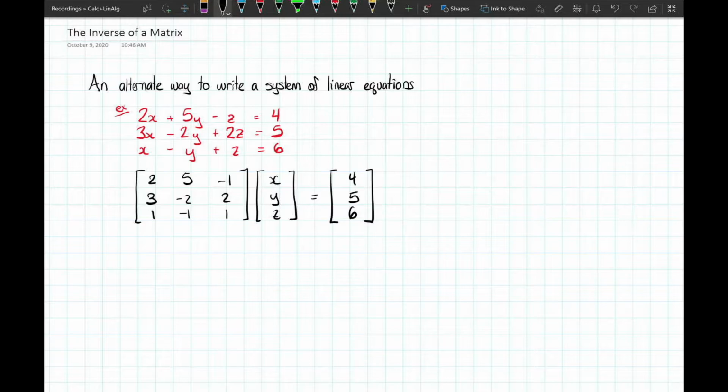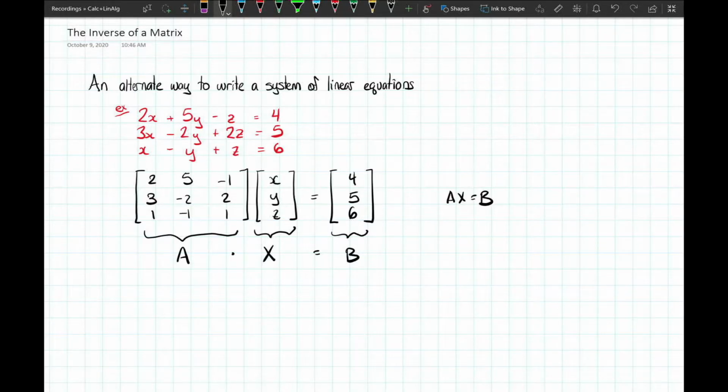But the benefit of writing out our system in this form is we end up with a 3-by-3 matrix, which we could call A, a 3-by-1 vector, which we could call X, and a 3-by-1 column of constants, B. And you can see we have A times X equals B, which is a very nice and easy looking equation.